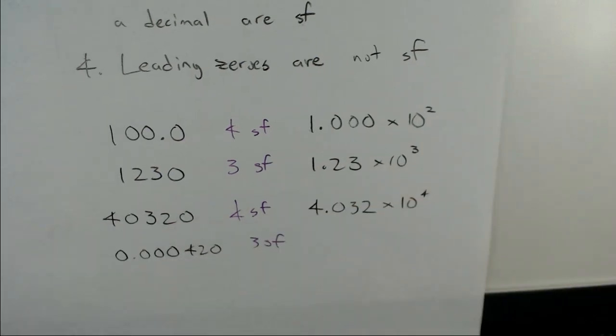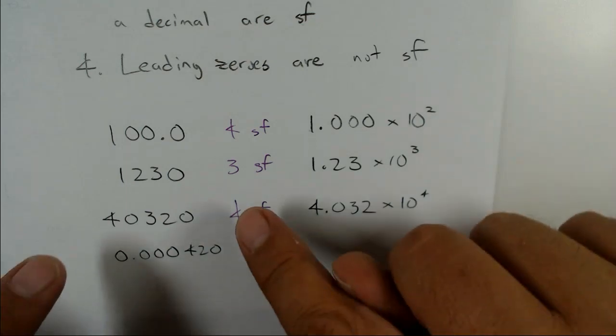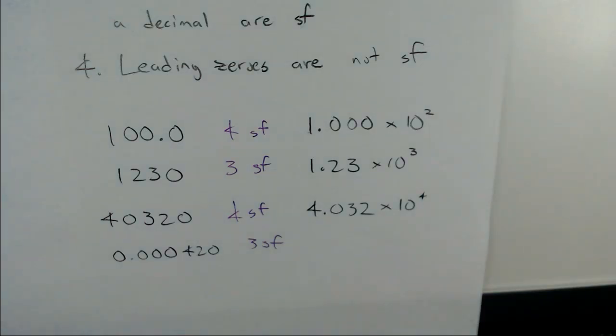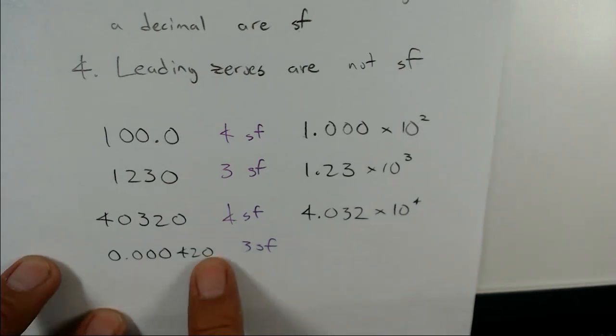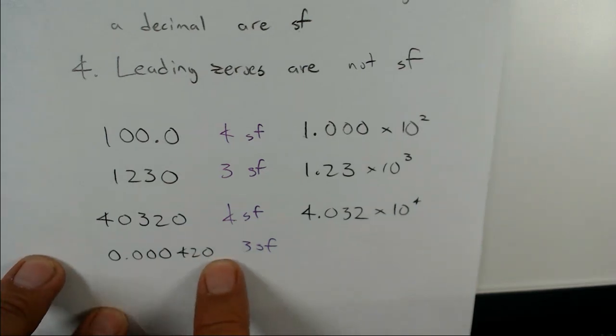So what's happening here is the leading zeros are not significant. They're acting as a placeholder. They're working the same way that this 0 and this 0 were. They're not part of the significant numbers. They're just pushing it to the correct order of magnitude. However, if you have a trailing 0 after a decimal, that 0 after the non-zeros here, that is significant.